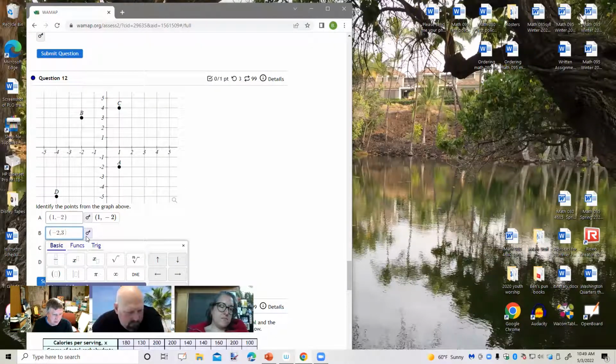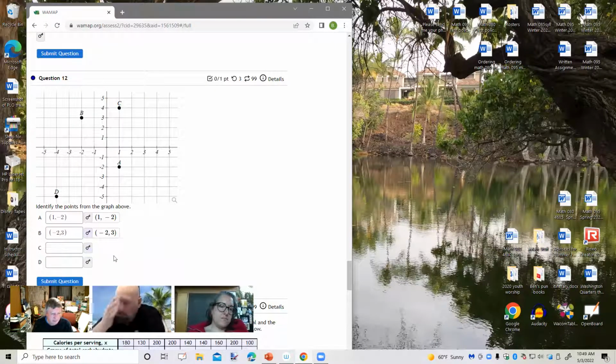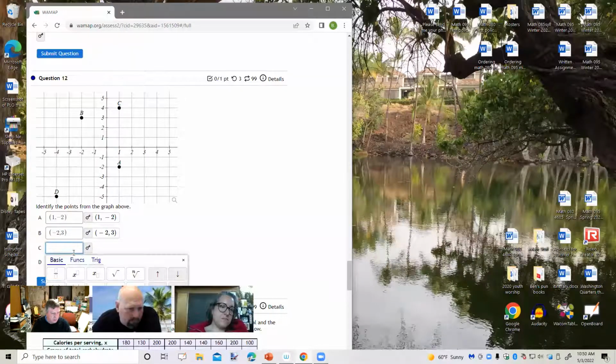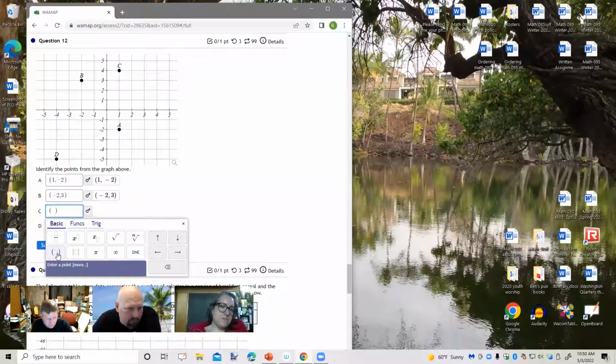And there's the next point. Okay, so again, you've got to kind of get used to the WAMAP notation. Don't give up and pound your head on the floor. Not a good thing, but anyway, and then what? C would be 1, 4. So 1, comma, 4.